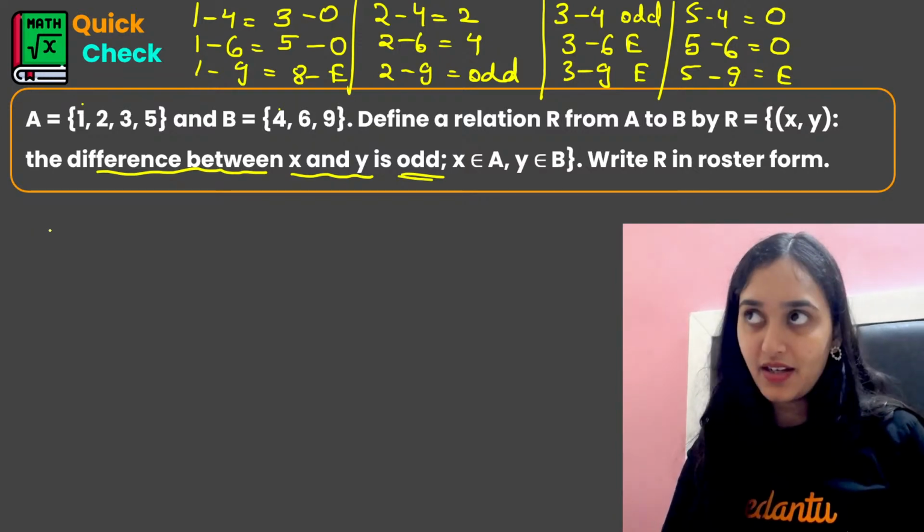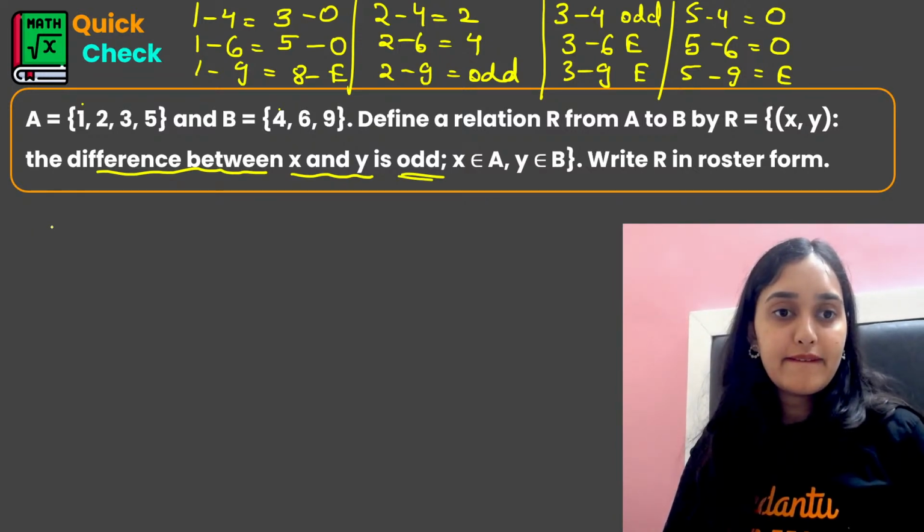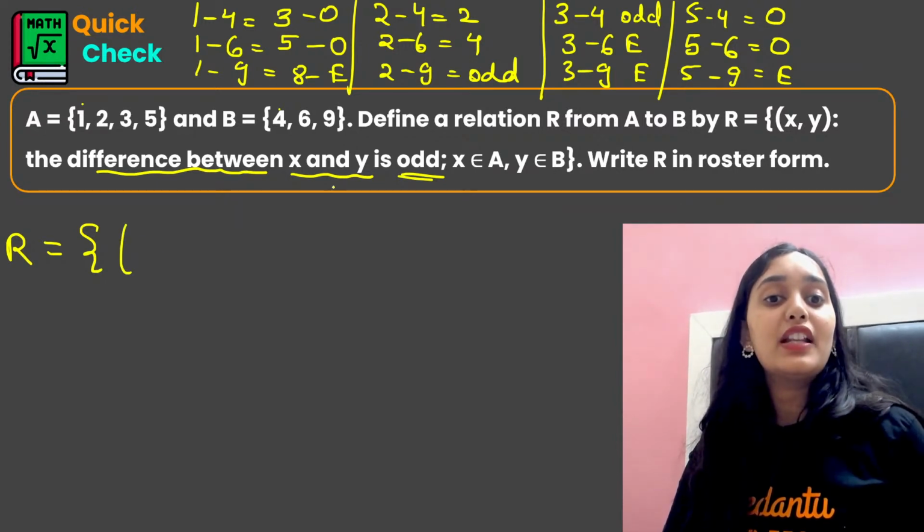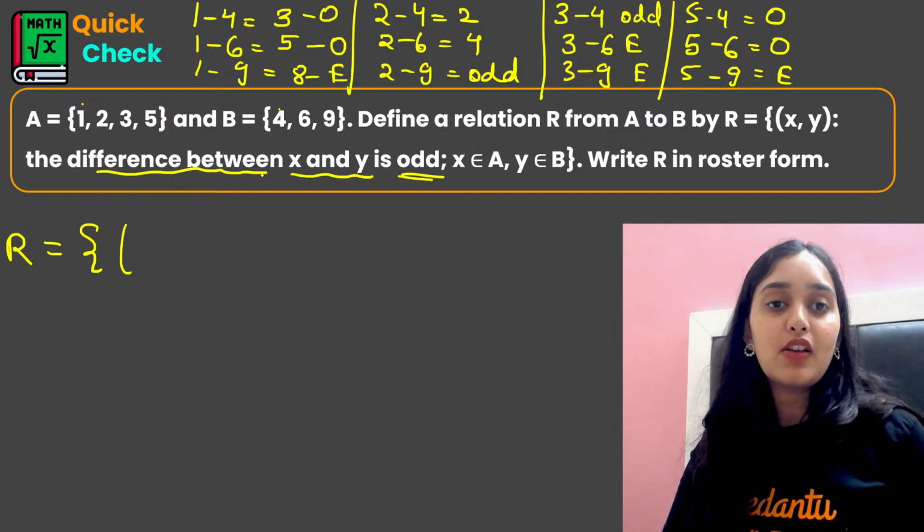So we have the following ordered pairs. The relation R is going to have the ordered pairs where the difference between the two numbers is odd.